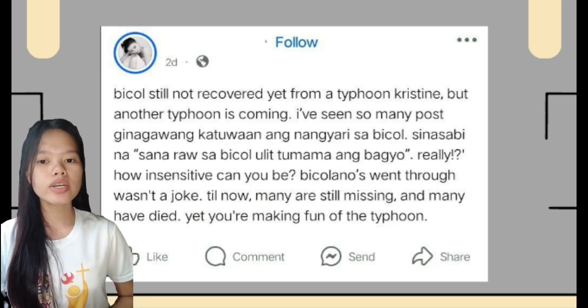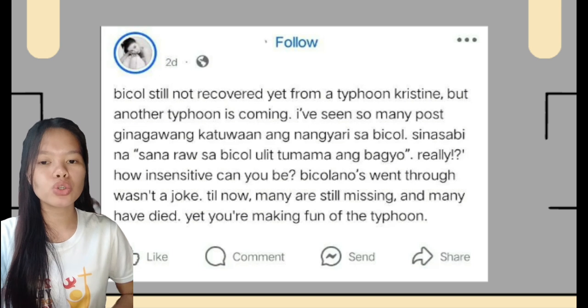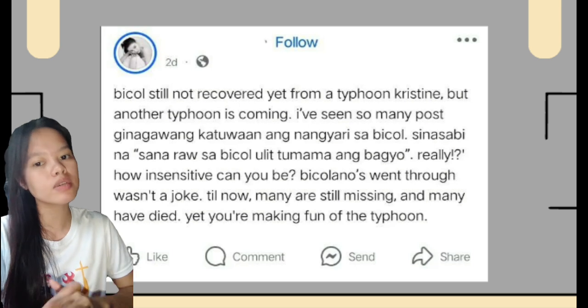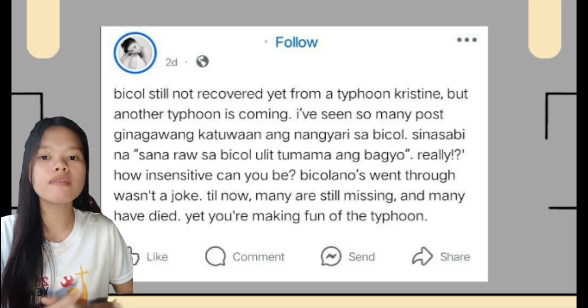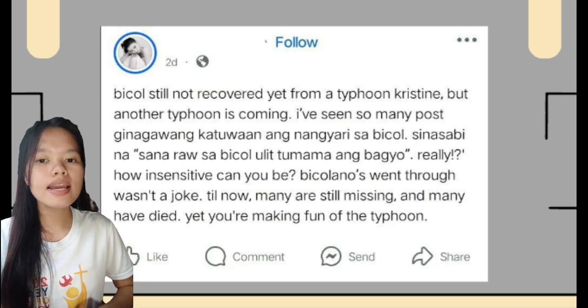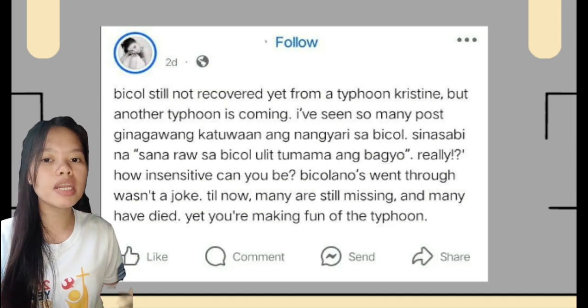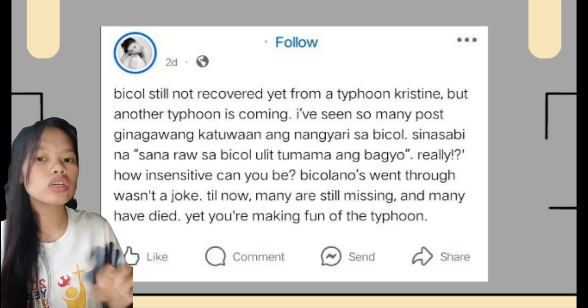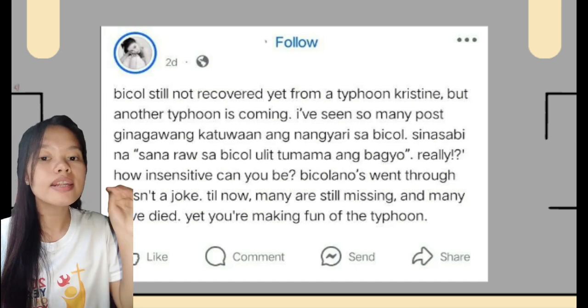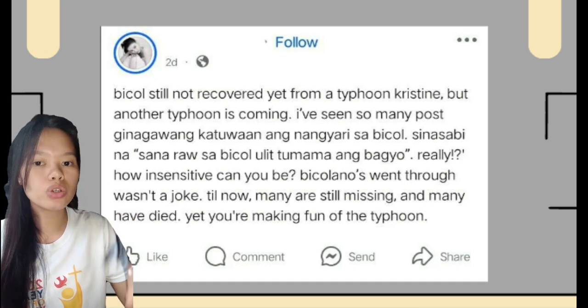We can also see there the specificity of the message because the post specifically mentions Typhoon Christine and the ongoing recovery efforts in Bicol. So it highlights the insensitive comments made about the situation, such as the desire for another typhoon to hit the region.